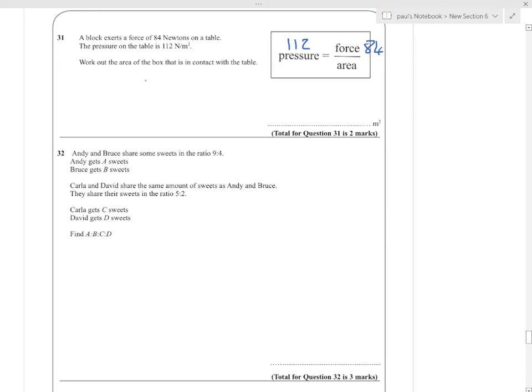So rearranged, the area will equal the force divided by the pressure, which is 84 divided by 112. Blimey, I can't divide by 112 like that. So let's try and make this a bit smaller. 42 divided by 56.